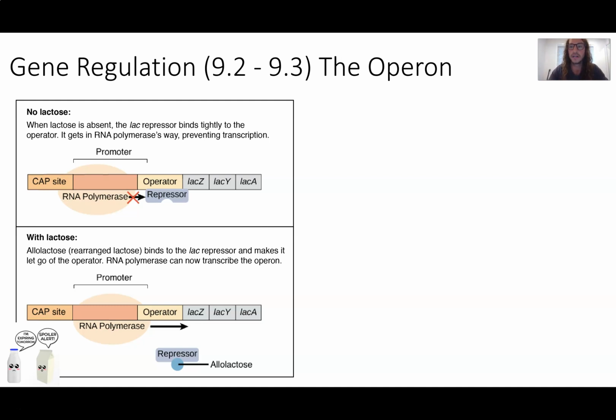Now that the repressor has been released from the operator, RNA polymerase can then come in and bind to the promoter, thus creating that messenger RNA, which will then be used in the production and expression of those enzymes that are used to break down that lactose.